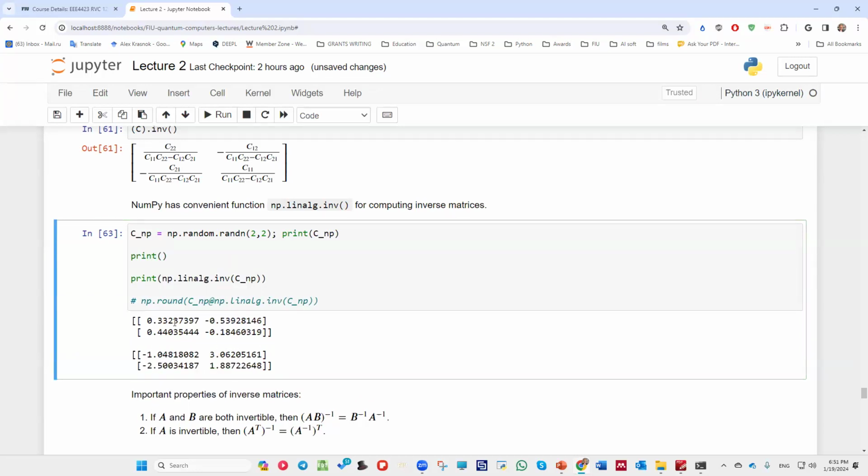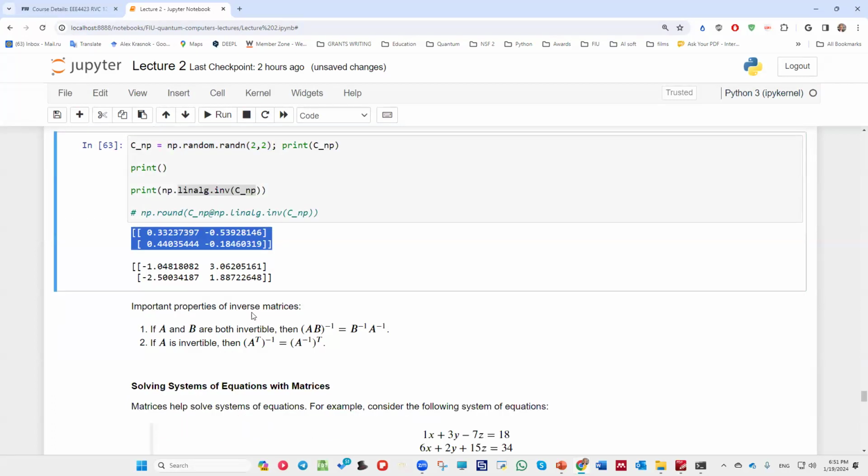Yeah, so for now, with NumPy, we cannot use letters. We have to use actual numbers. And if I generate this matrix of random numbers, 2 by 2, this operator returns me the inverse matrix of the given one.